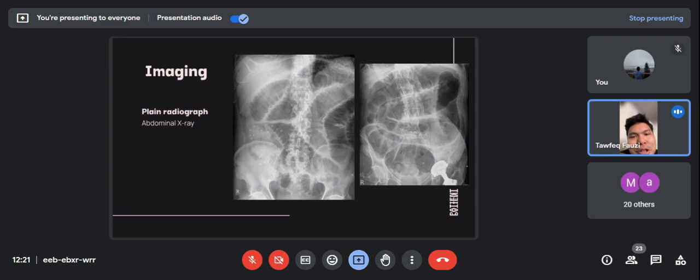Conversely, in the large bowels, you don't have valvulae. The haustra do not go through the whole diameter of the lumen, so they only go about midway. And the bowel loops are more peripheral than central, more peripherally located. Also, large bowels, if dilated, appear much larger than dilated small bowels.